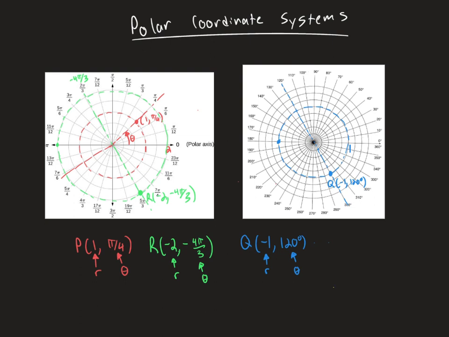Okay, let's do one where, let's see, which one haven't we done? First one positive, so let's do 2, and the second one negative, negative 150 degrees. Again, we have r and we have theta. Where's 2 going to be?